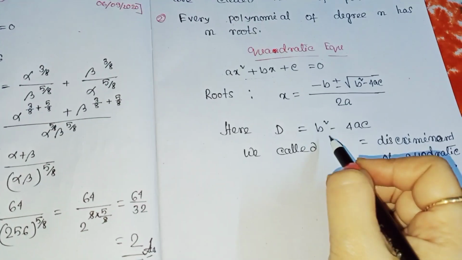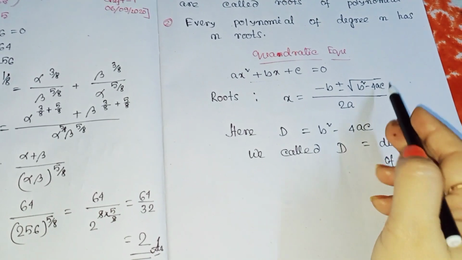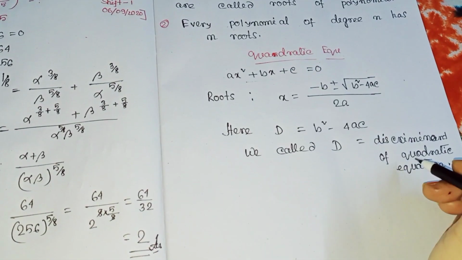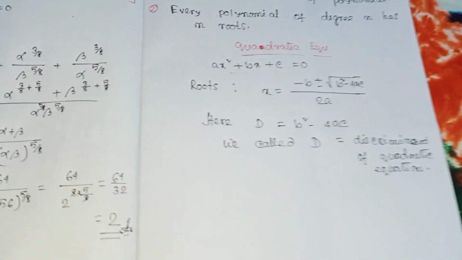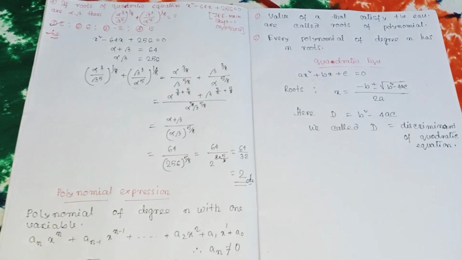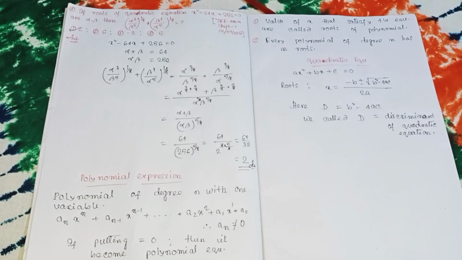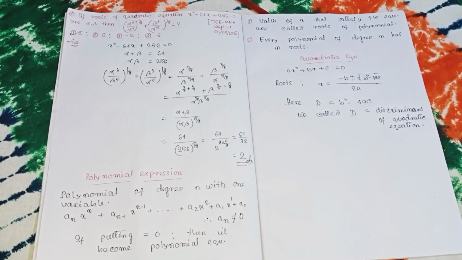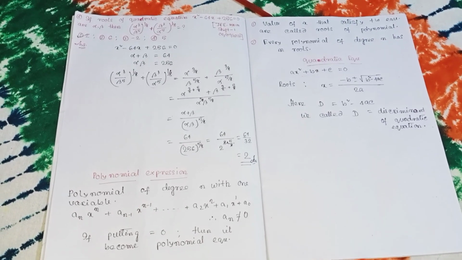D is b square minus 4ac, the term under the root, and it is called the discriminant of the quadratic equation. So here are some basic ideas of quadratic equations, polynomial expressions, and the solution of the JEE question.